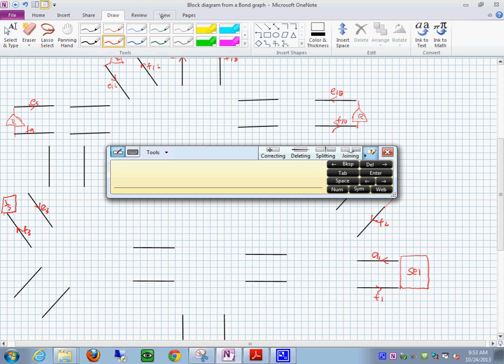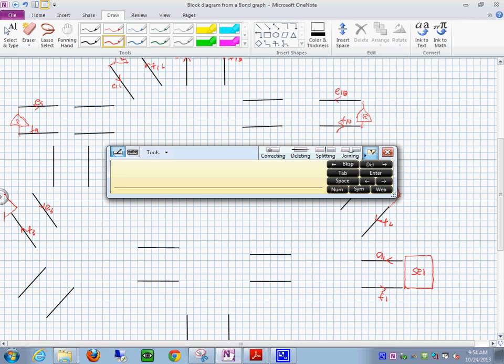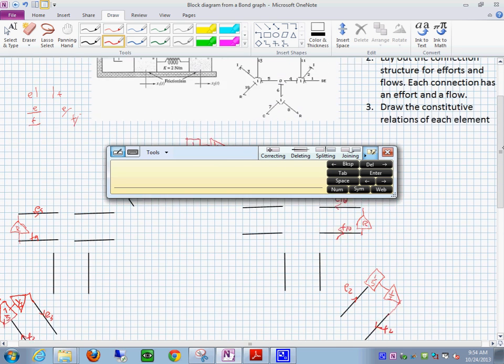Wait a second, let's just draw it correctly so that we have enough space. I am just going to draw it as I have been doing it. So this is 1 over s, and then gets multiplied by 1 over I, and then out comes this. So that is this one right here.